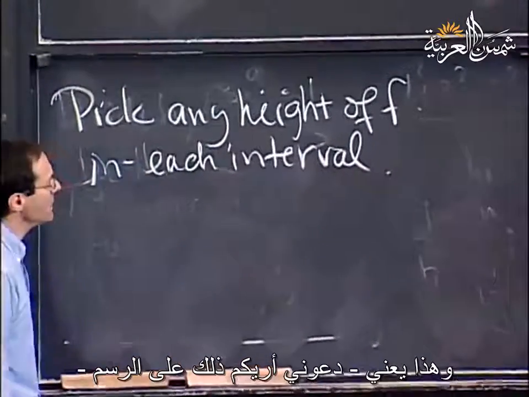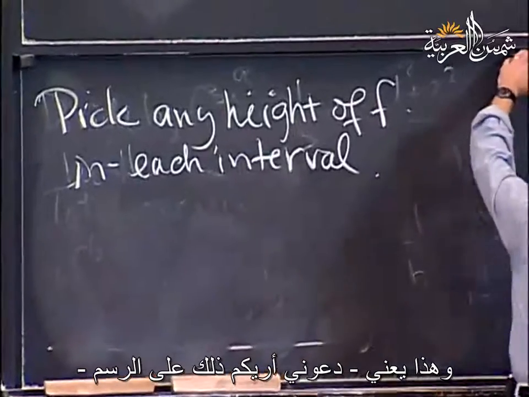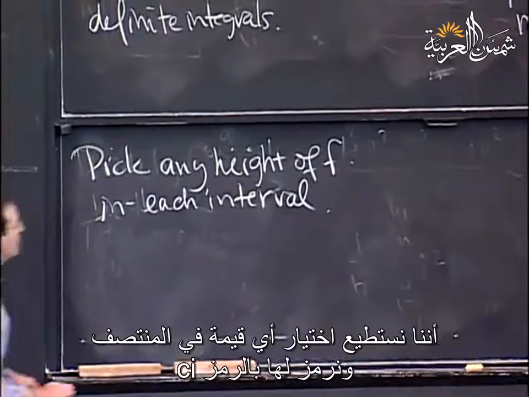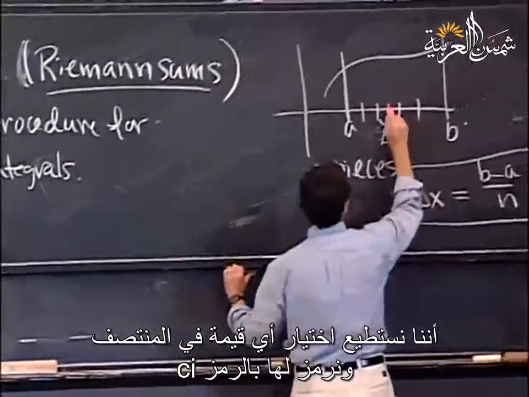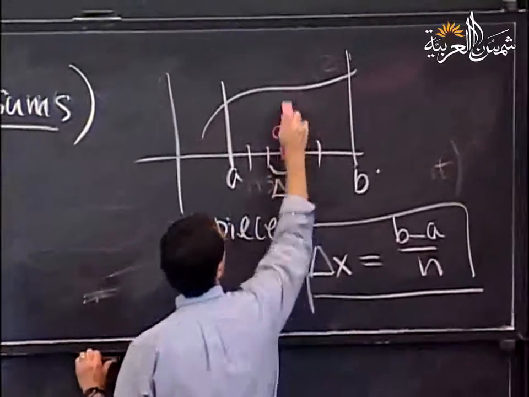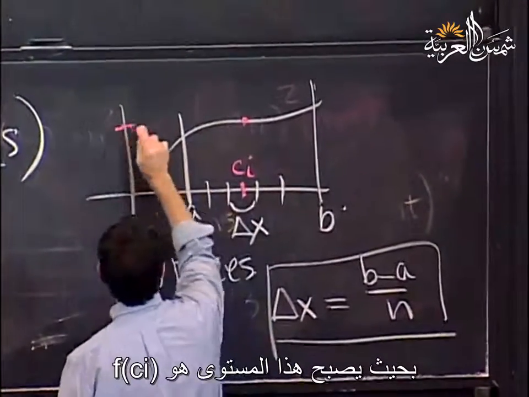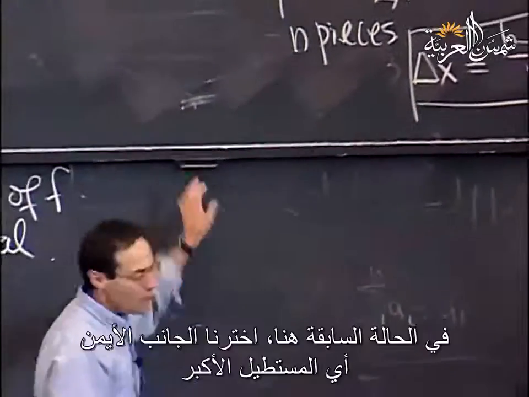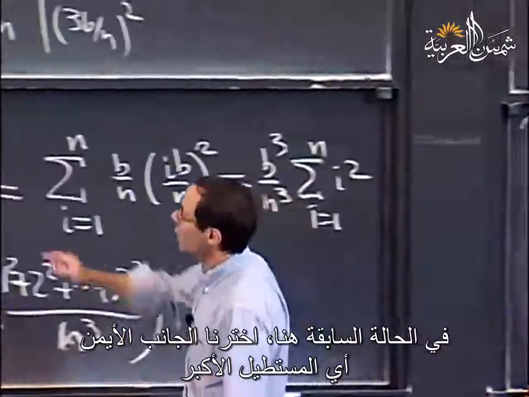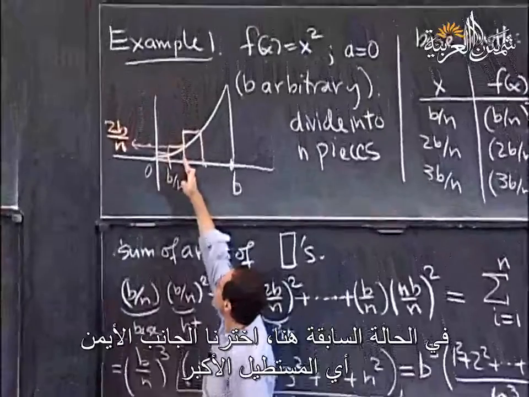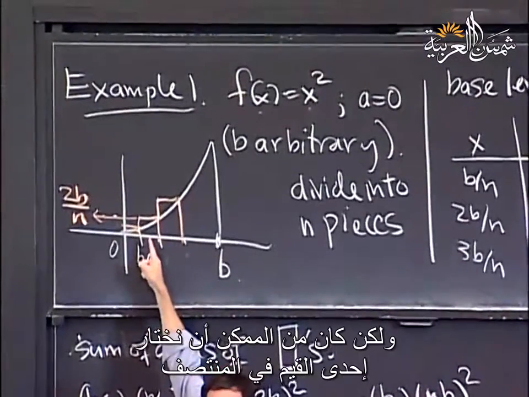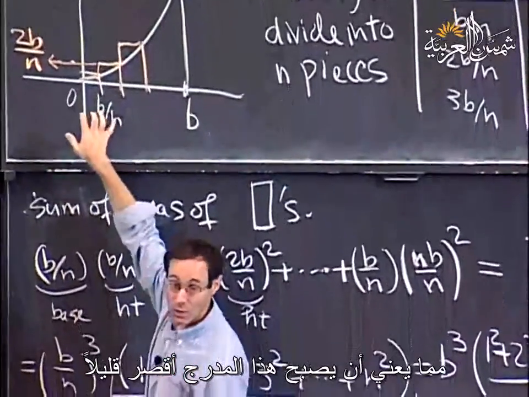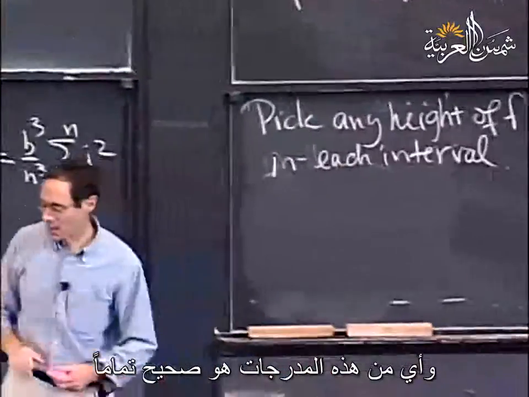What that means, let me just show it to you on the picture here, is I just pick any value in between. I'll call it c_i, and then I go up here and I have the level, which is f of c_i, and that's the rectangle that I choose. In the case that we did, we always chose the right hand, the largest, but I could have chosen some level in between, or even the left hand end, which would have meant that the staircase would have been quite a bit lower. All right, so any of these staircases will work perfectly well.